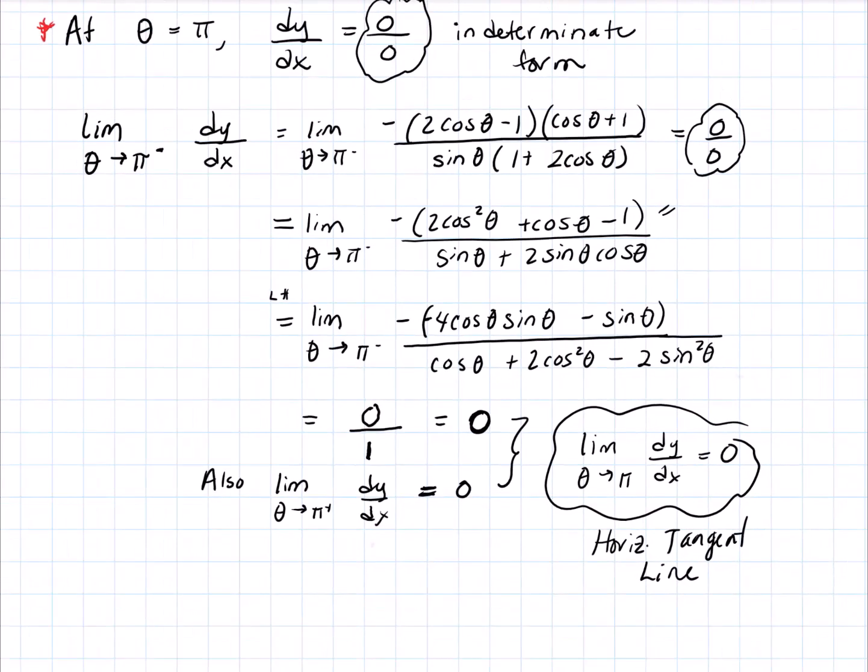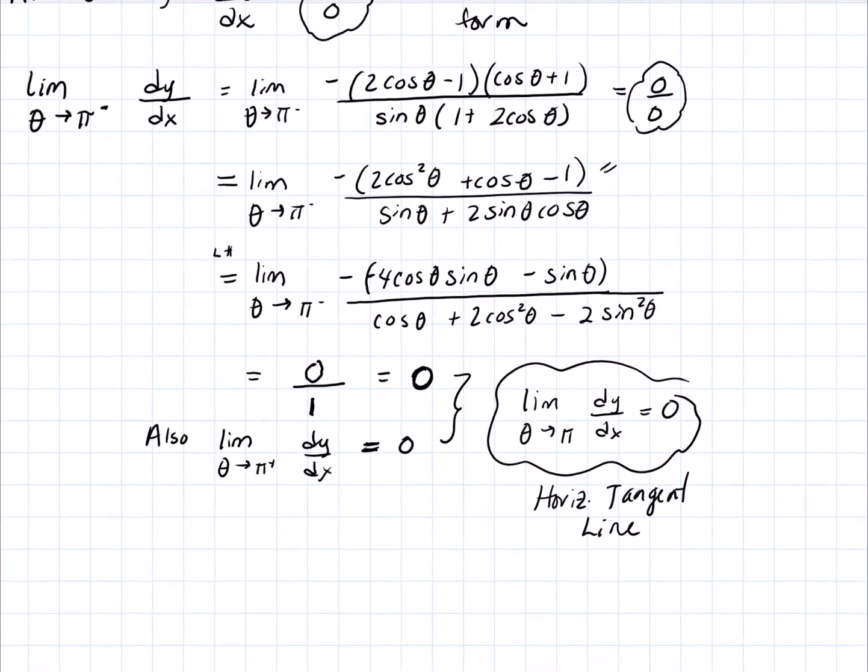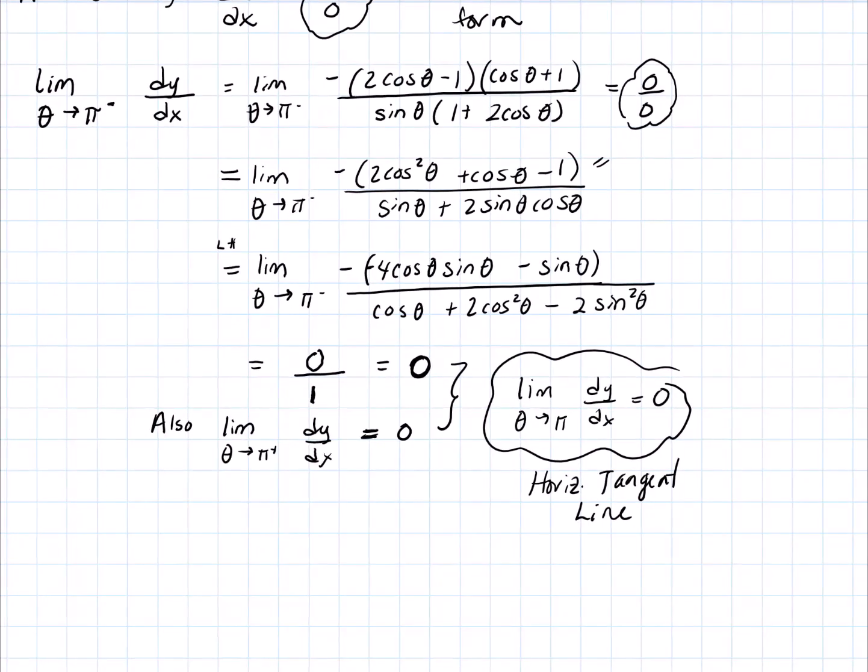There's a horizontal tangent line that is occurring when theta equals pi, and when theta equals pi, we're actually at r equals 0. So that is at the ordered pair, the r theta pair at 0 pi.